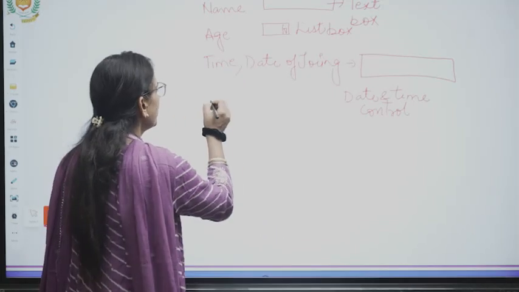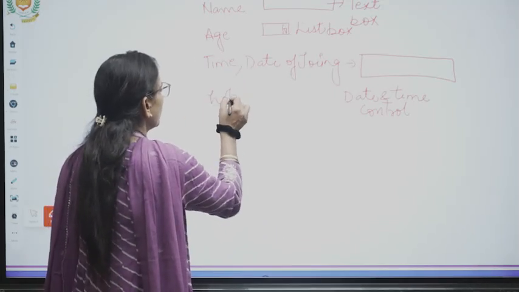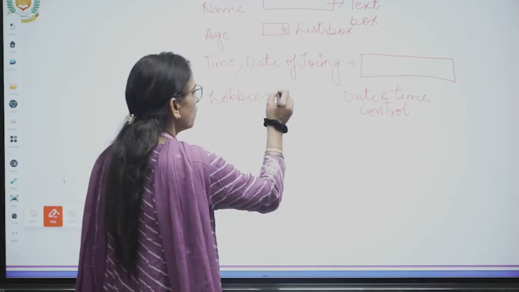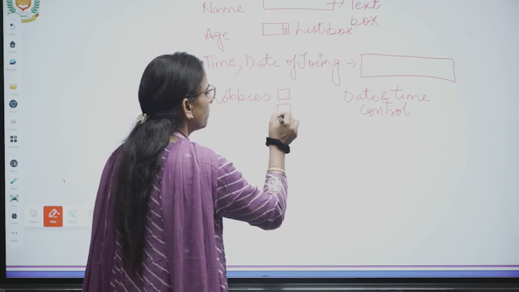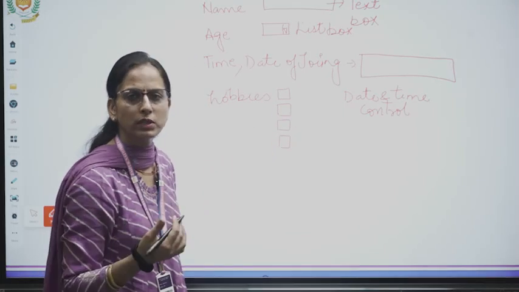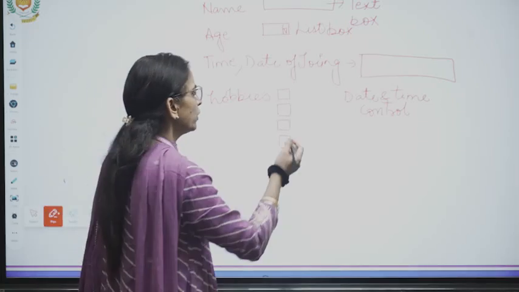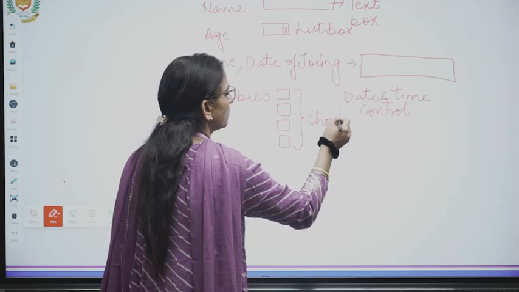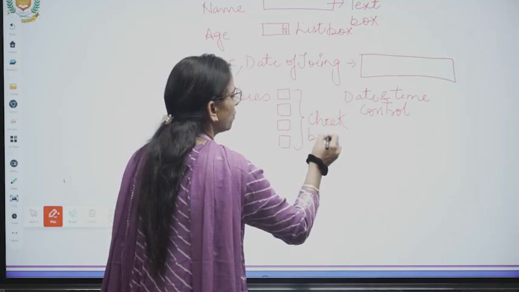Then here we are taking the hobbies, suppose. In the hobbies, the user can choose multiple options, more than one option can be selected. So in this we will take check boxes.